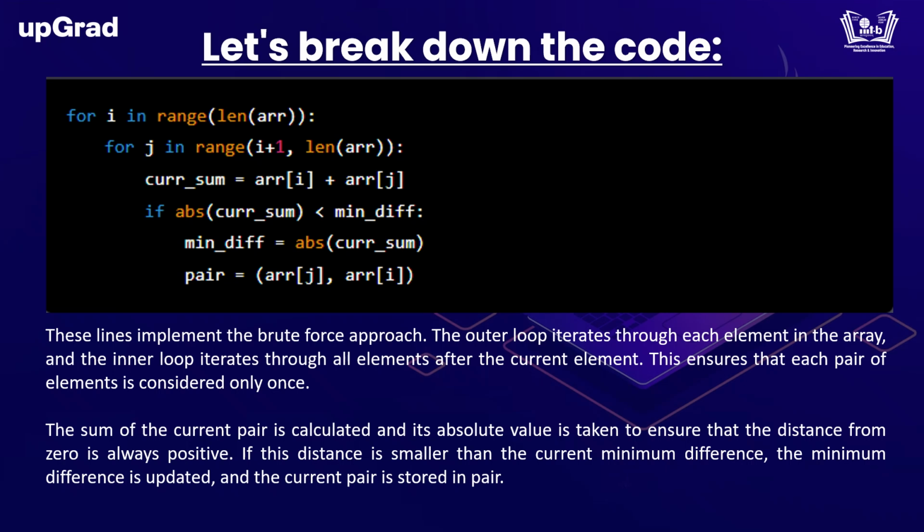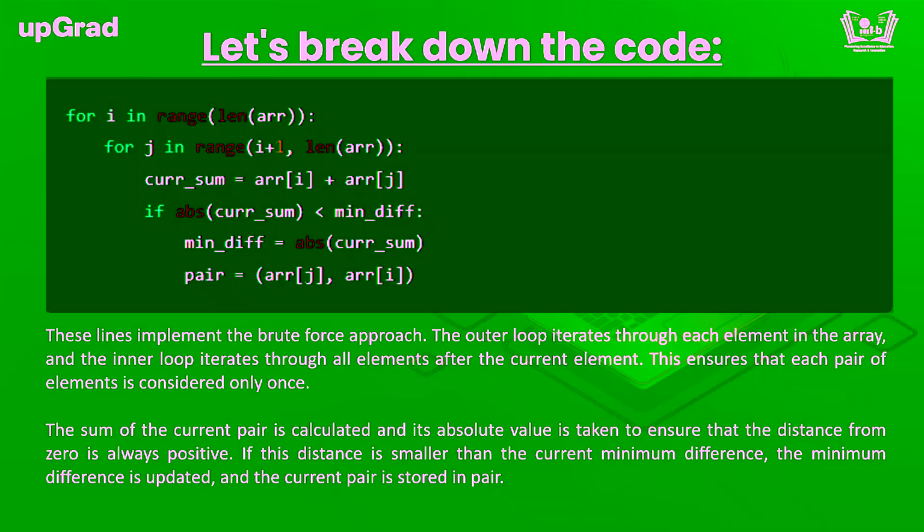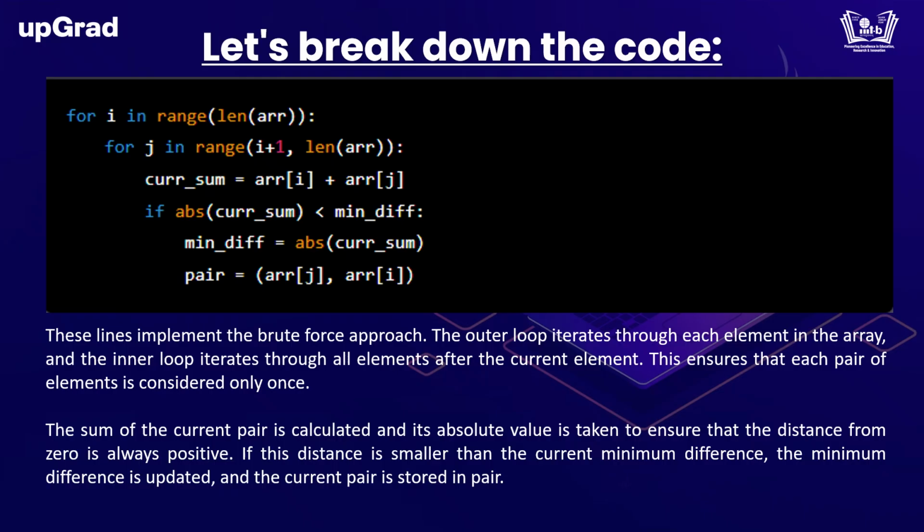The sum of the current pair is calculated, and its absolute value is taken to ensure that the distance from 0 is always positive. If the distance is smaller than the current minimum difference, the minimum difference is updated and the current pair is stored in pair.